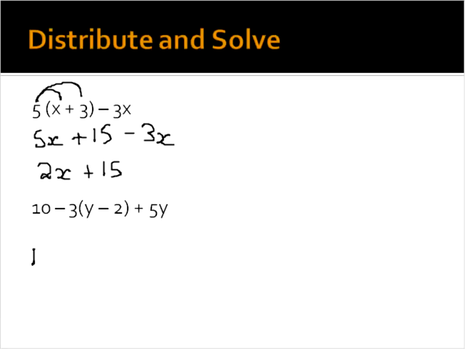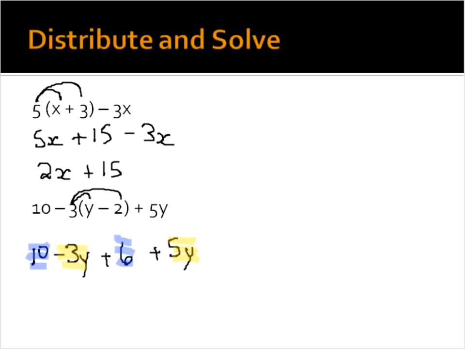Let's do this next one. 10's by itself out here. We're going to distribute. Negative 3 times y is negative 3y. Negative 3 times negative 2 will give you a positive 6. And then we have that 5y on the outside. In this case, we actually have a y term here and a y term here. We can join those together. And we have a number here and a number here, so we can join those together as well.